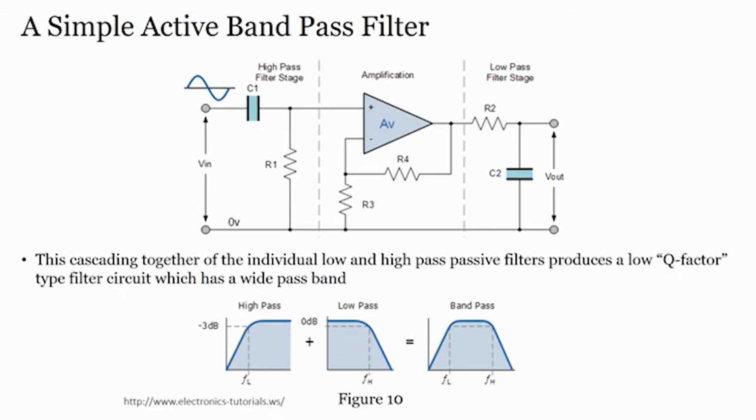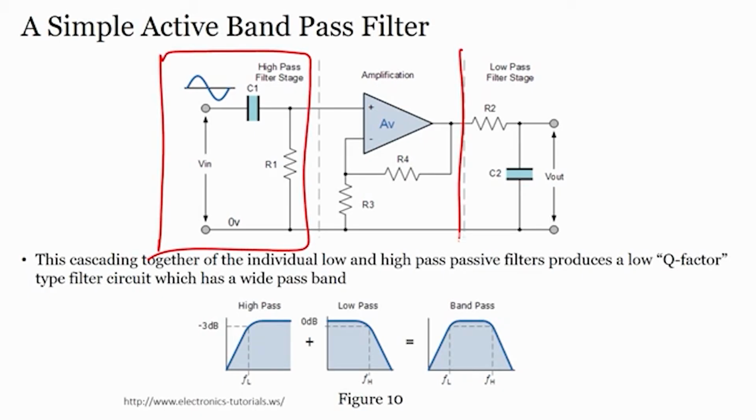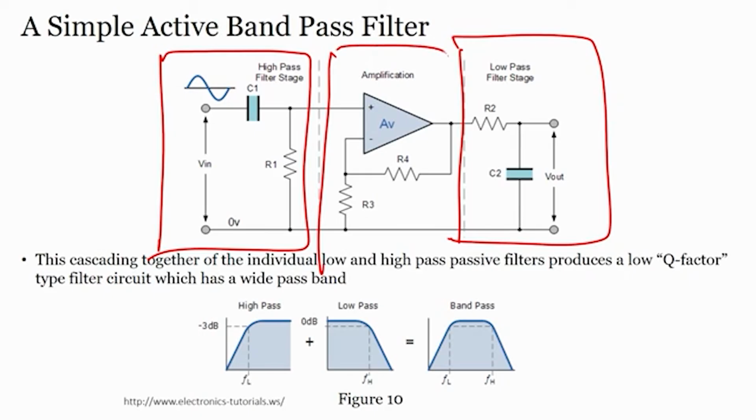So, you see you have a high pass filter at stage 1, which is here, you have a low pass filter at stage 2, which is here, and then you have your non inverting amplifier here, right.